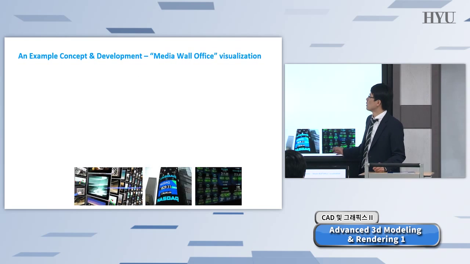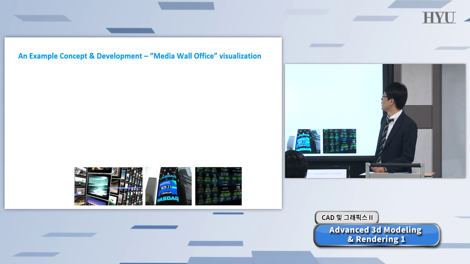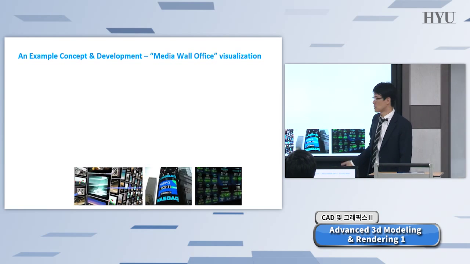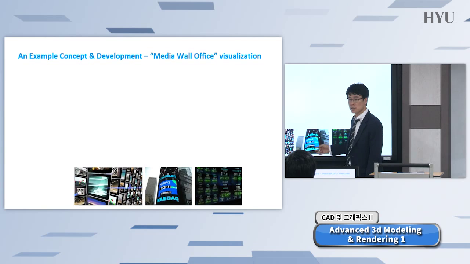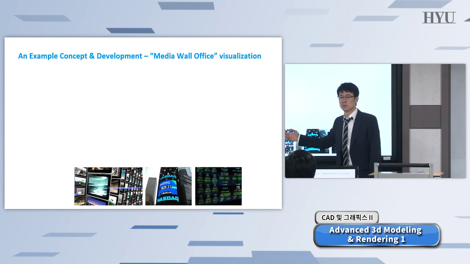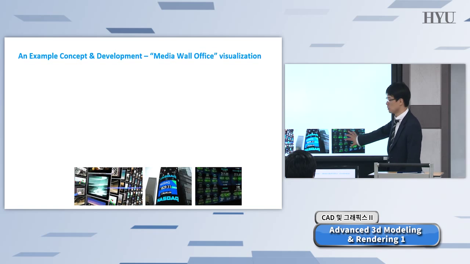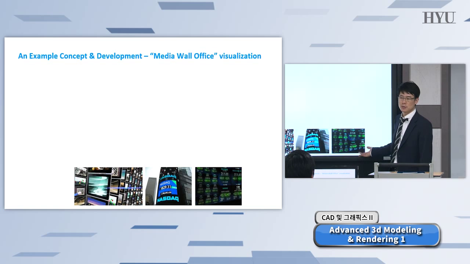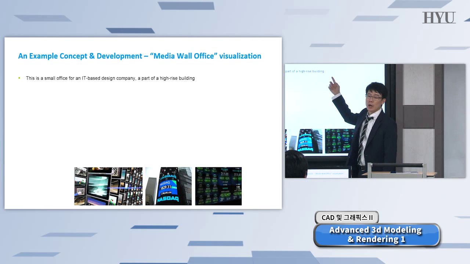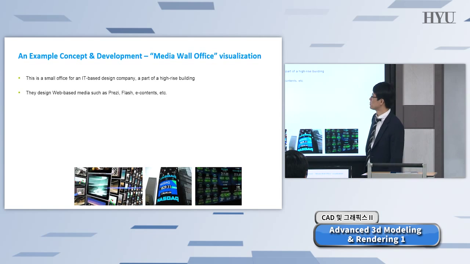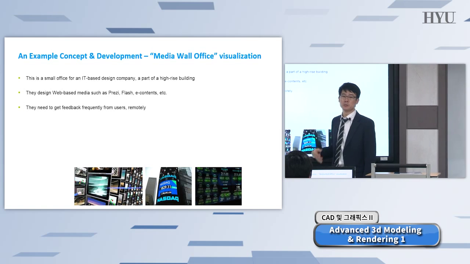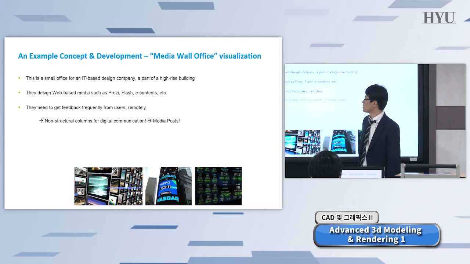So let's take a look at an example concept development. The concept is a media wall office, okay? Media wall, media post. Something like the NASDAQ building, or a sequence of screens and amounts of information walls, media walls, okay? So it's a small IT company, web-based development. They need frequent feedback from websites, Facebook.